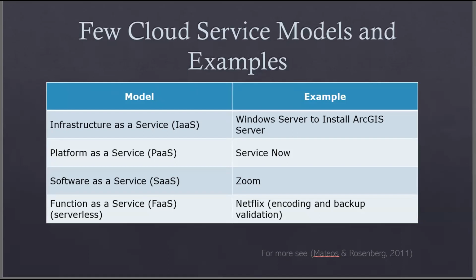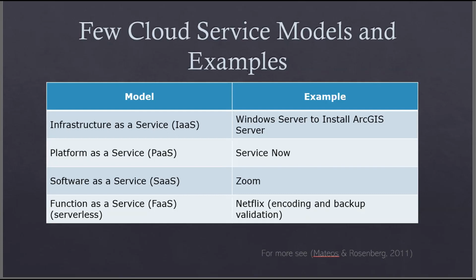Next slide. There are many levels of server and application configurability that are offered. Some of those common ones I'm presenting here. And to clarify what they are, I'm giving examples that are common to us here. So first, infrastructure as a service is when you manage your server on the cloud.